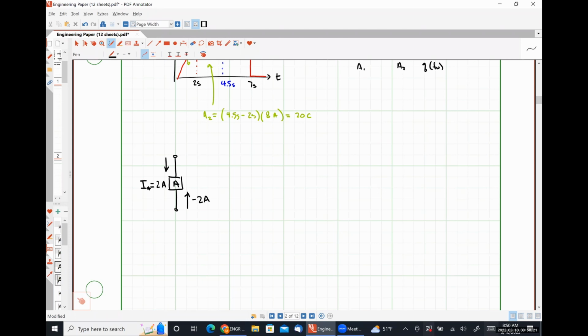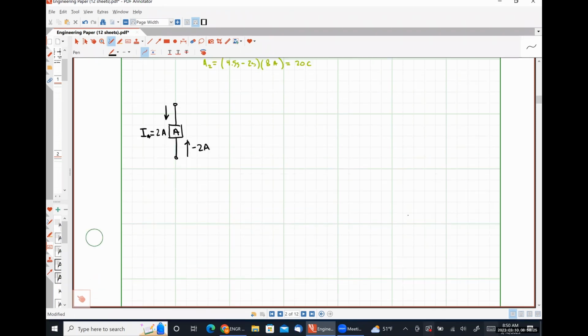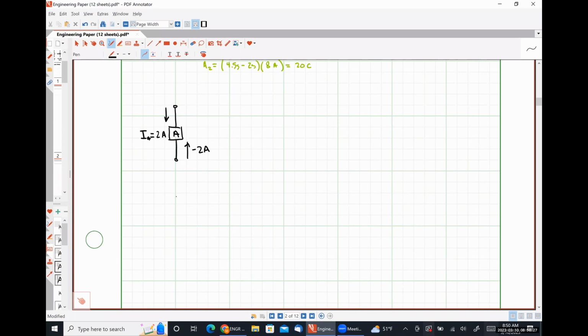Current sources. That's what we're talking about. There are going to be a few different current sources that we are going to encounter in this class. This is our DC current source. We have some amount of current being supplied.